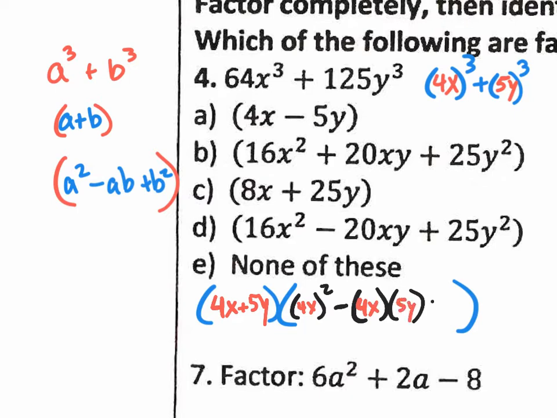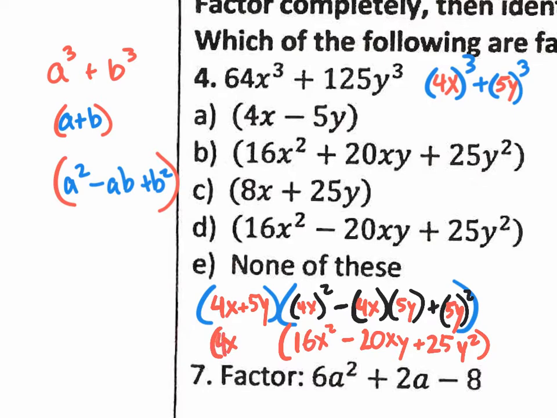And last but not least, plus b squared. And b is 5y. So our final trinomial, once you simplify it, will be 16x squared minus 20xy plus 25y squared. And of course, we have this binomial in front, the 4x plus 5y.